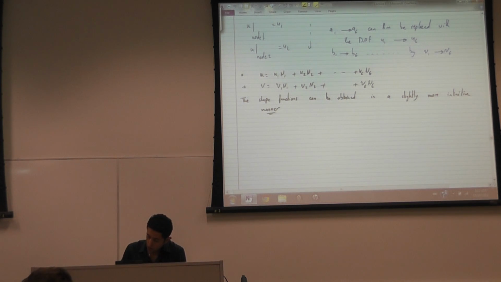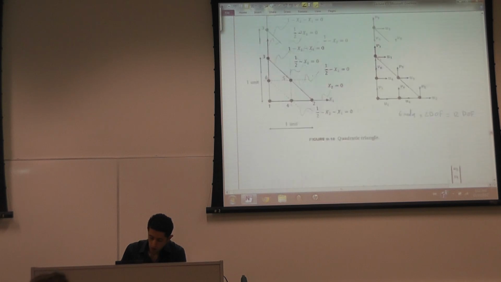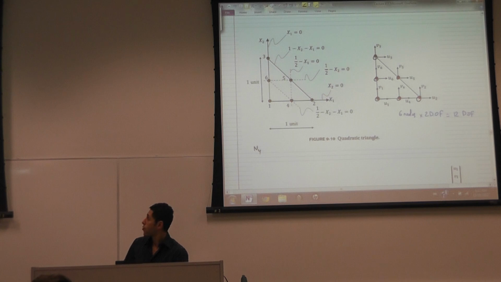I'm going to go back to the element. So this is node 1, node 2, node 3, node 4, node 5, node 6. The requirement for, let's say, N4, is that N4 is equal to 1 at node 4, and N4 is equal to 0 at all the other nodes.